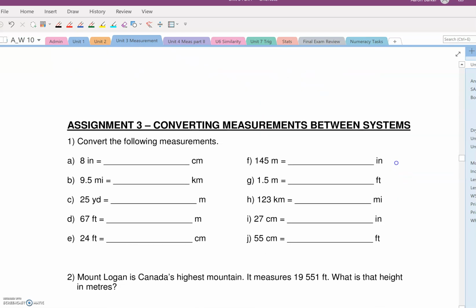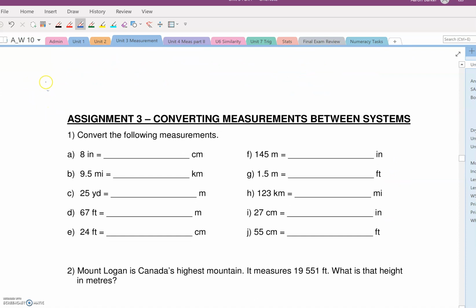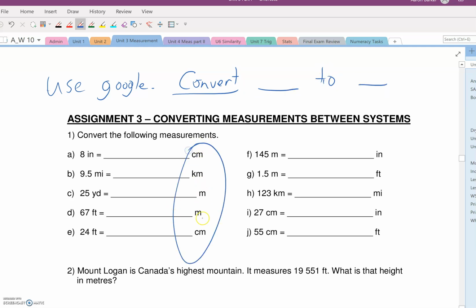So for these ones here, I want you to use Google, or any web browser you want, that's fine. You will start with the word convert, so convert blank to blank. And you can use abbreviations like centimeters, kilometers, meters. Use abbreviations and you will be fine.